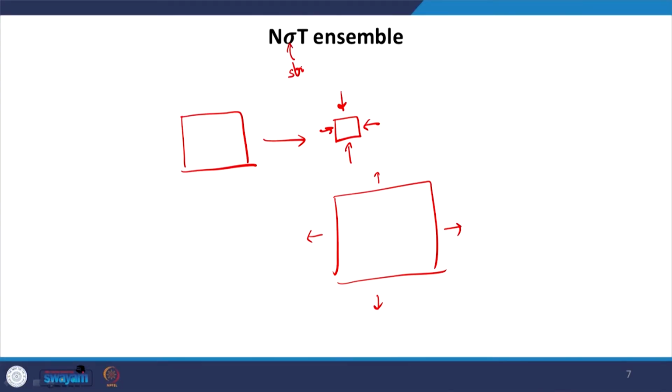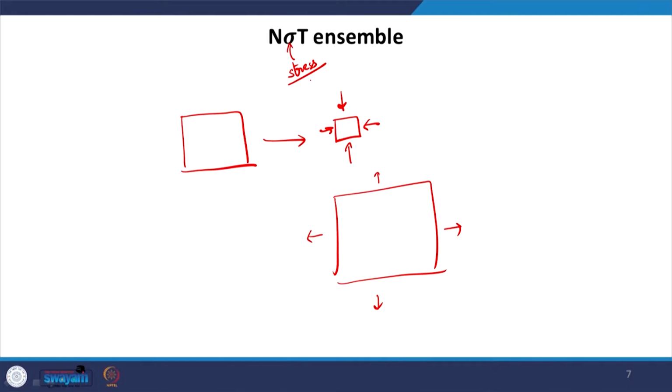In general, we can think of working in some kind of an NσT ensemble, where sigma is the stress that is being held controlled or fixed, and in that case the stress can be different along different phases. In fact, stress will have 9 components when I look in 3 dimensions.